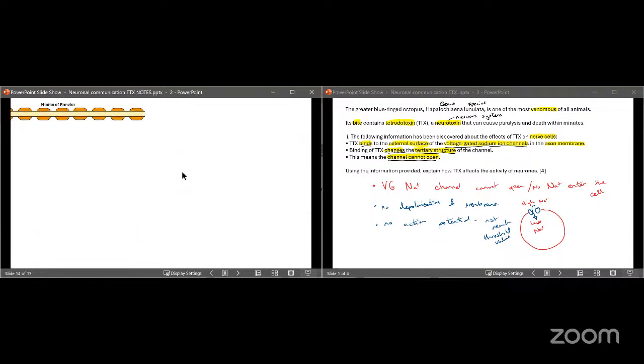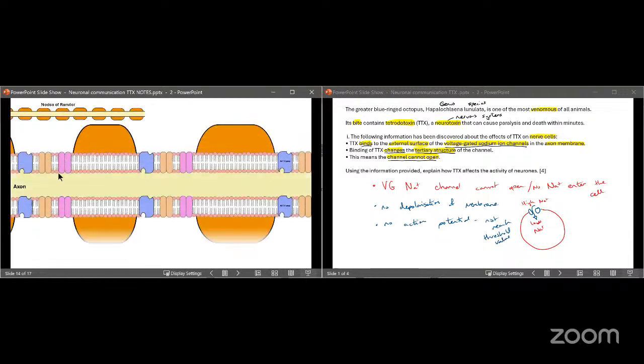So the nodes of Ranvier is the point where we're going to see those voltage-gated sodium and potassium channels. So we have the depolarization only occurring at the nodes of Ranvier, and therefore the action potential would jump from one node to another, which is known as the saltatory conduction.